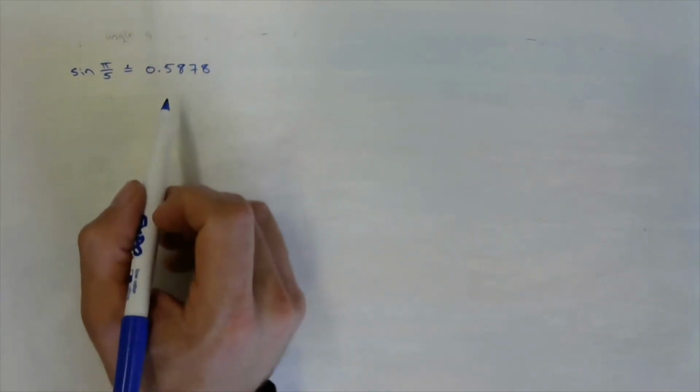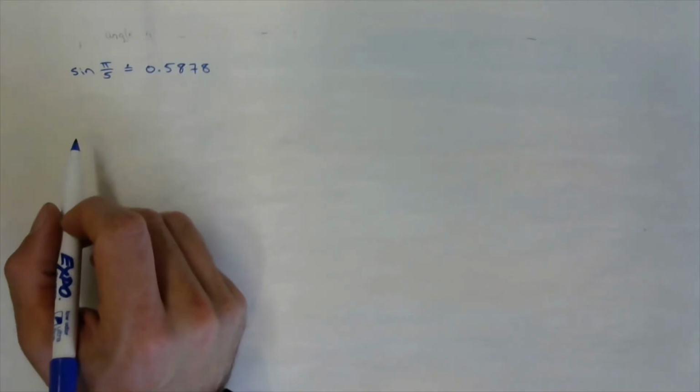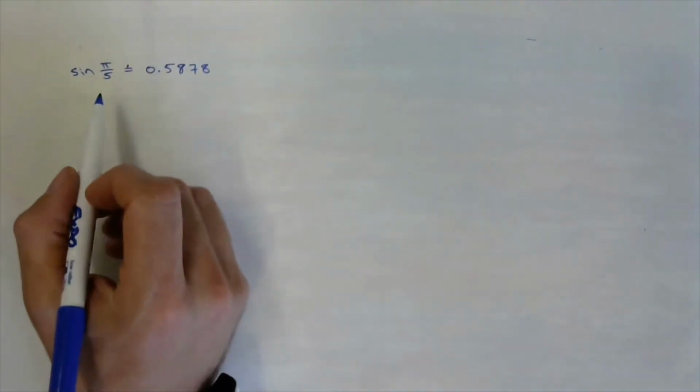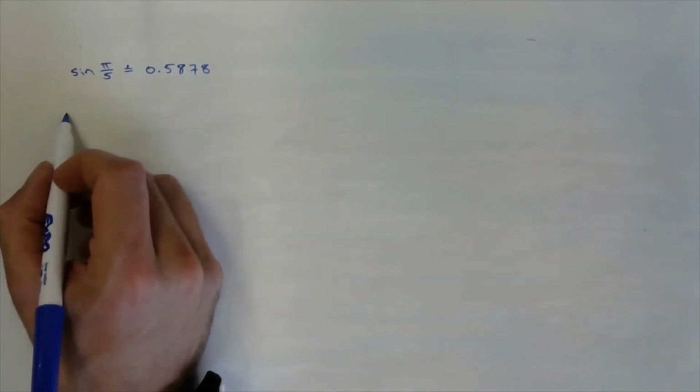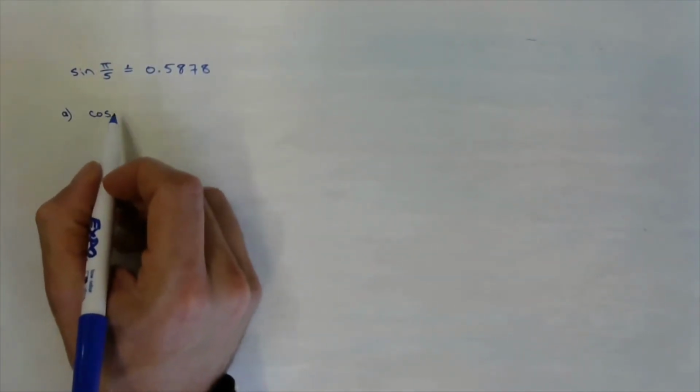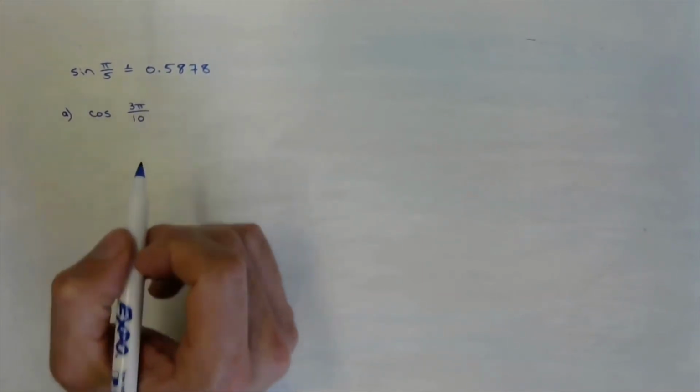What it's telling you is that when you split up the angle that it gives you, you're going to be left with one of the special angles and pi over 5. So some way or another, pi over 5 is going to be added to or taken away from another angle in order to make the angle, in this case in A, 3 pi over 10.